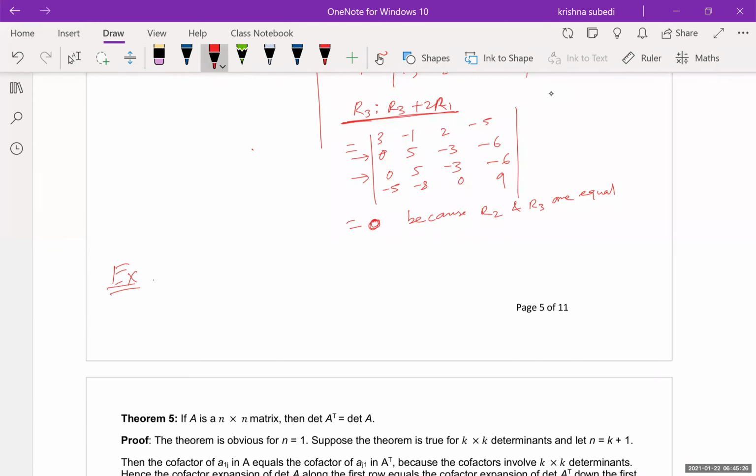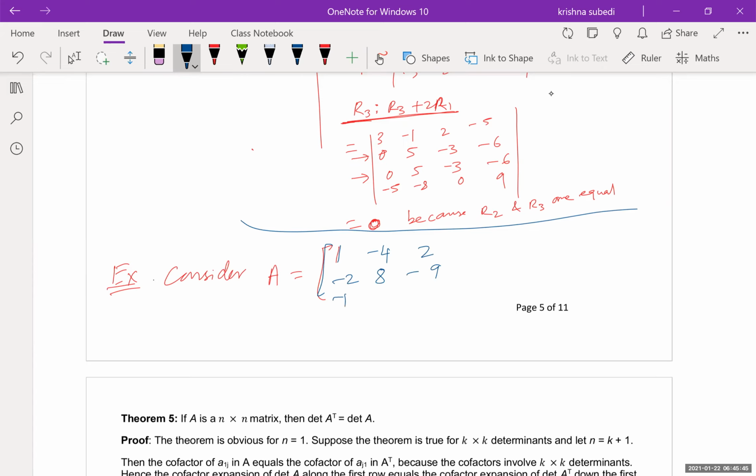Let's say, consider A equals 1, 1, -4, 2, -2, 8, -9, -1, 7, 0. I want you to find the determinant of A.